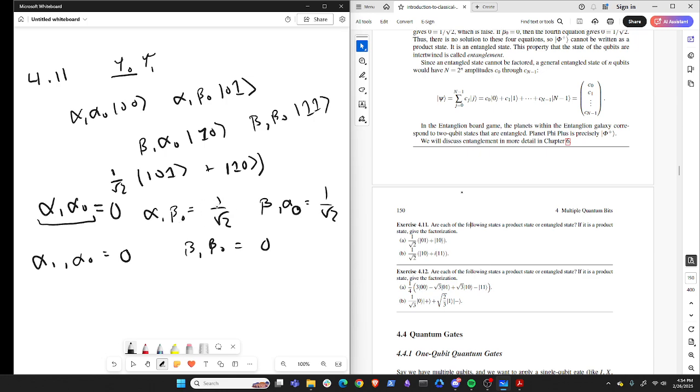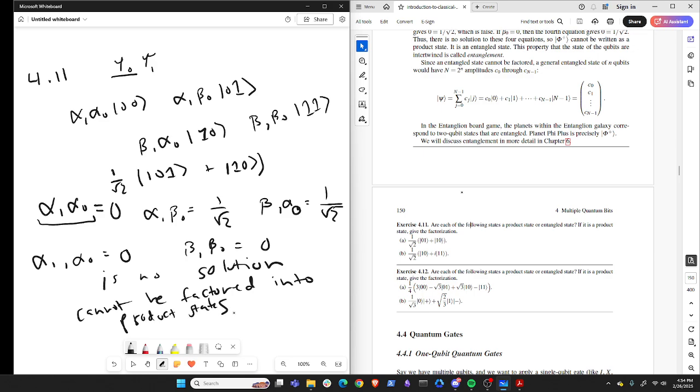It would be 0. Similarly, if alpha sub 0 is 0, how is multiplying by beta sub 1 giving us this non-zero amplitude? Therefore, there is no solution for this superposition. It cannot be factored into product states, and therefore, we have entanglement.